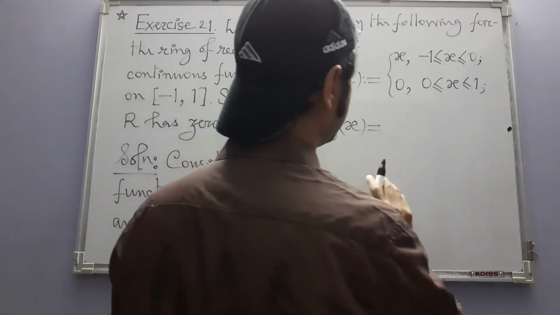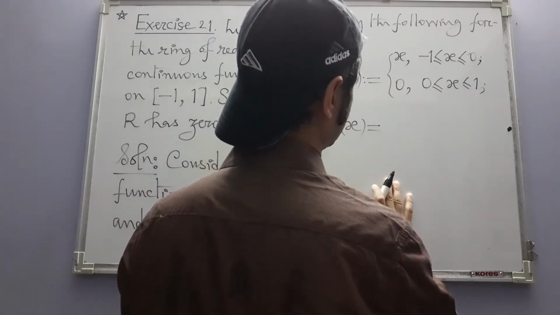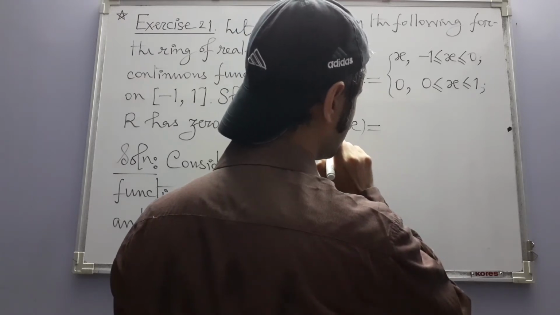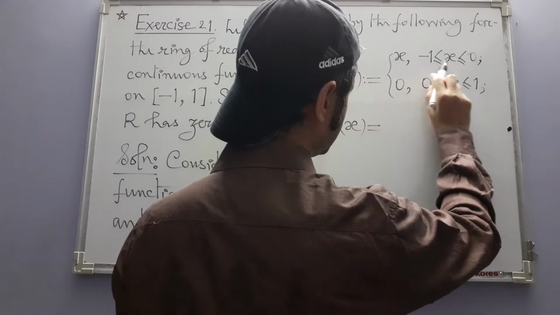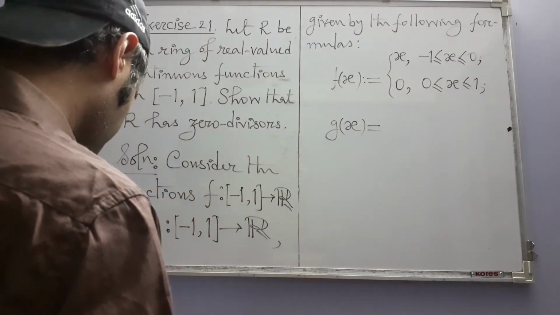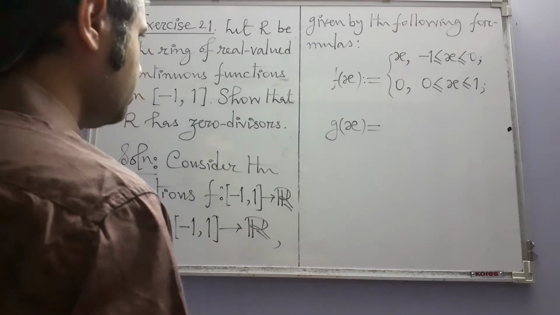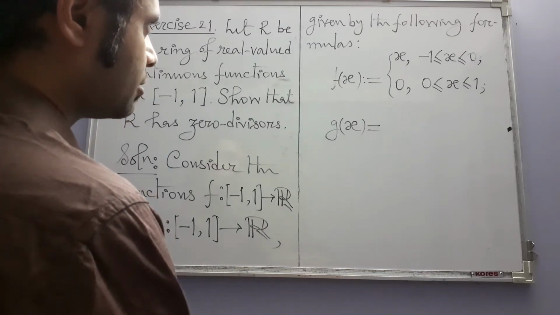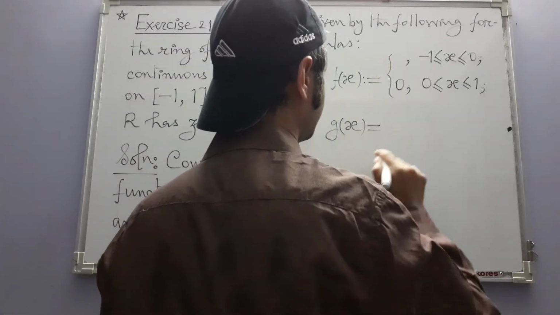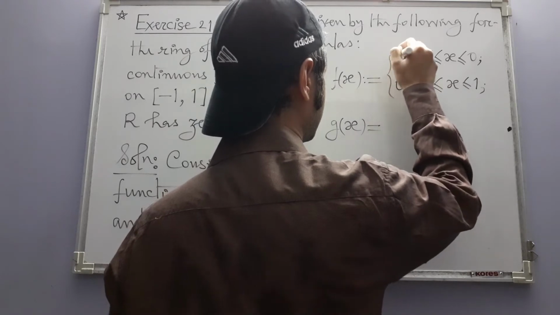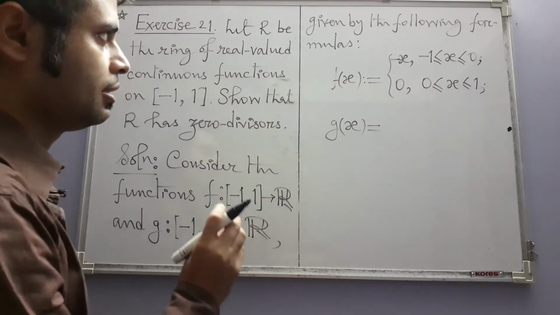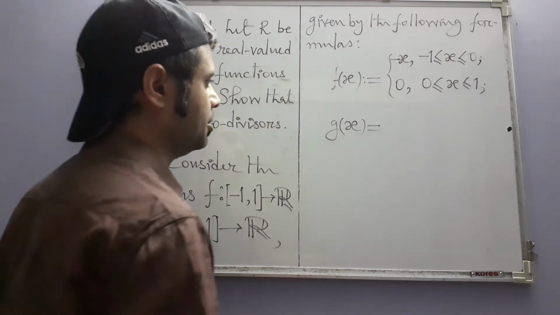And g is defined to be, okay, wait, oh, so this is already negative. Now we can take this if we want, but just for the sake of the graph, let us consider it as minus x in this part of the domain.